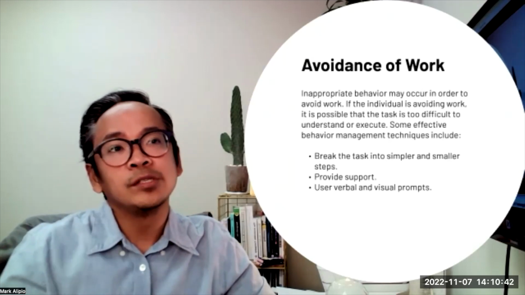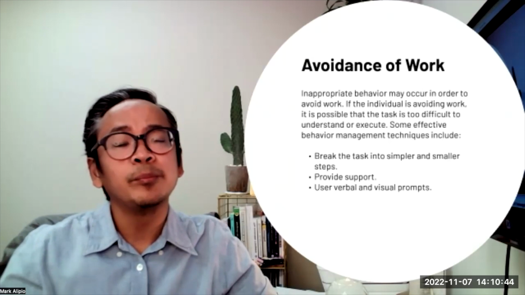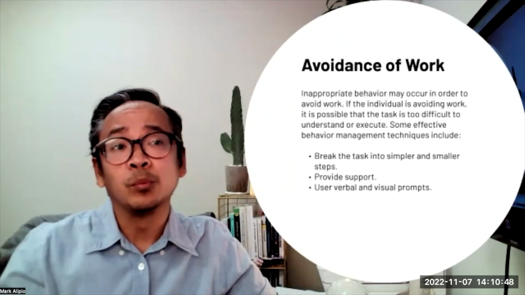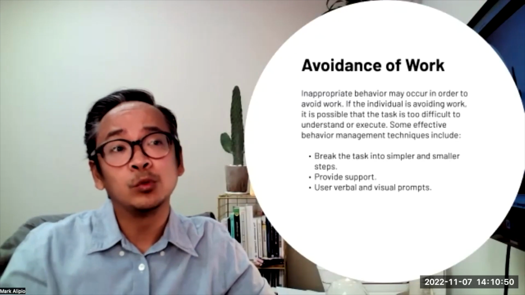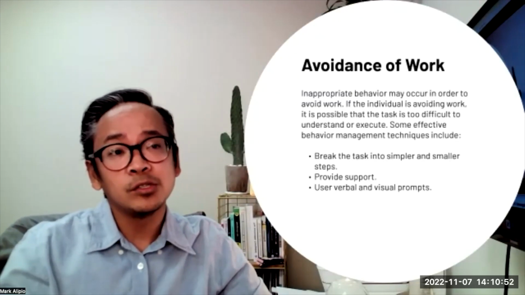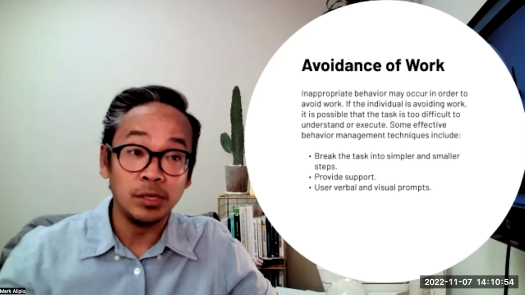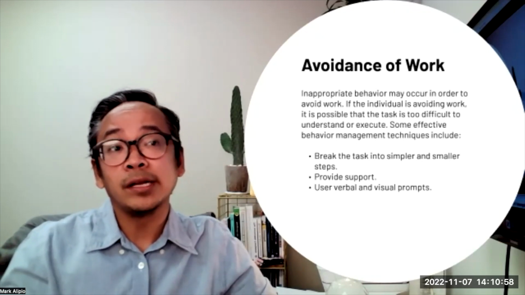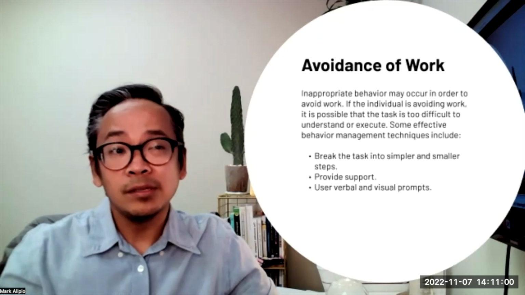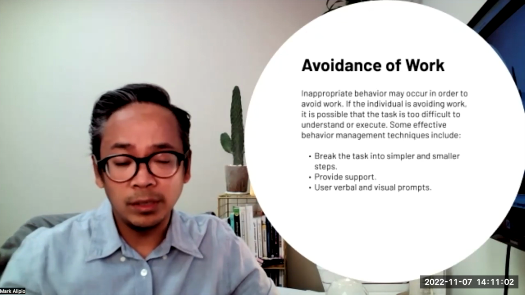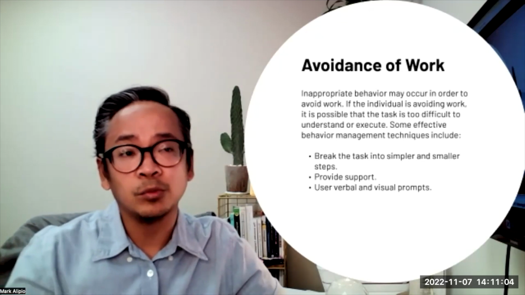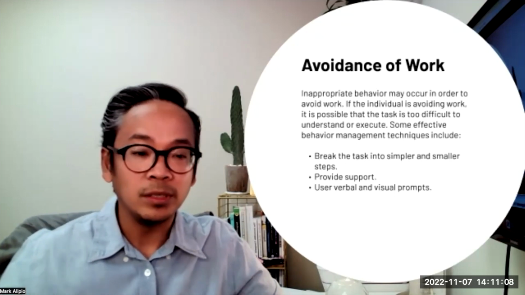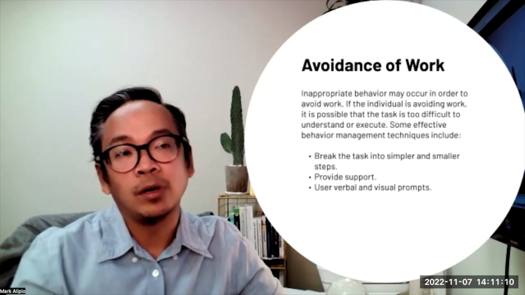And so avoidance of work means inappropriate behaviors, and these behaviors may occur in order to avoid work, right? If an individual is avoiding work, it is also possible that the task is too difficult to understand or execute. When you are faced with these situations, support is what the staff is really looking for, right?